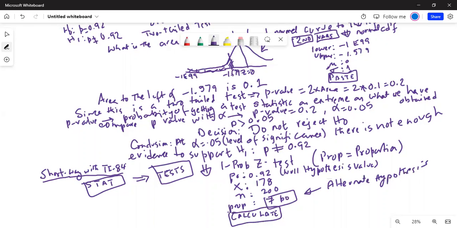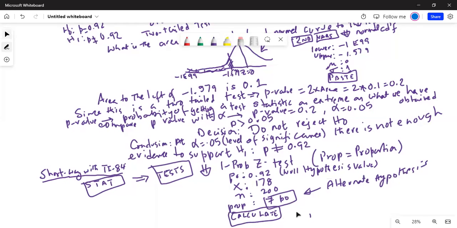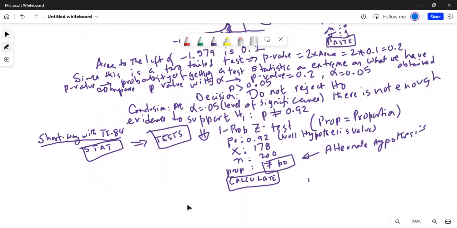Hit enter. So the test statistic, z, is minus 1.563, very close to what we obtained before.